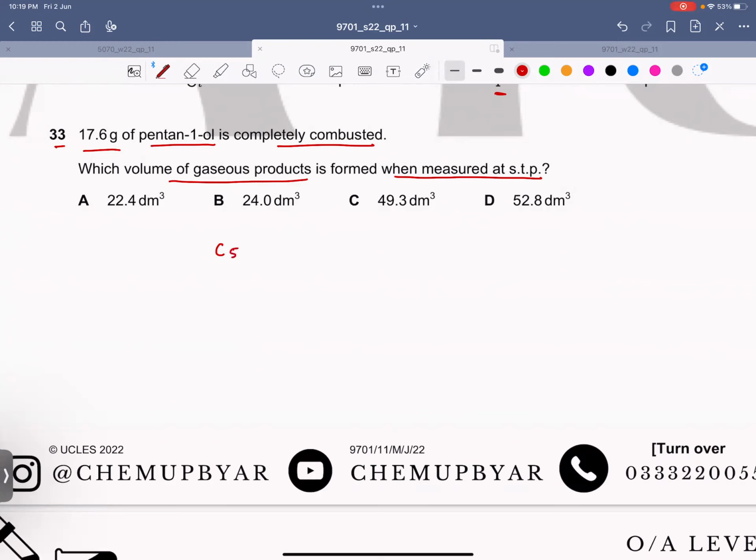So its formula would be C5H12O. On combustion it forms carbon dioxide and water. 5 moles of carbon dioxide would form and 6 moles of water would form. At STP, water is a liquid and carbon dioxide is formed as a gas.